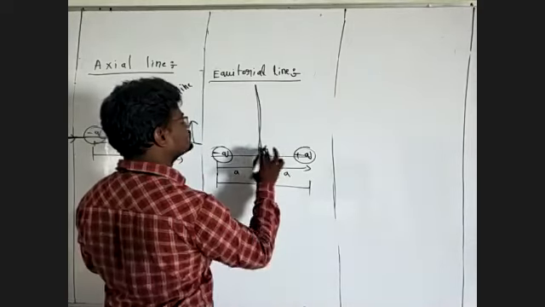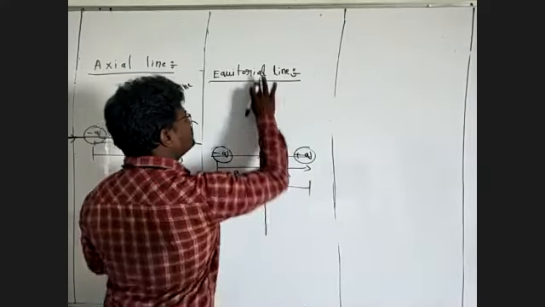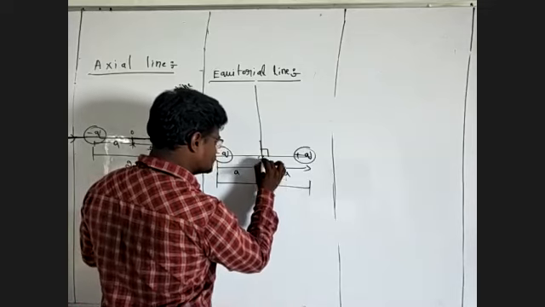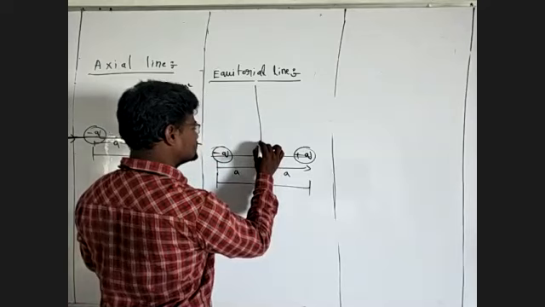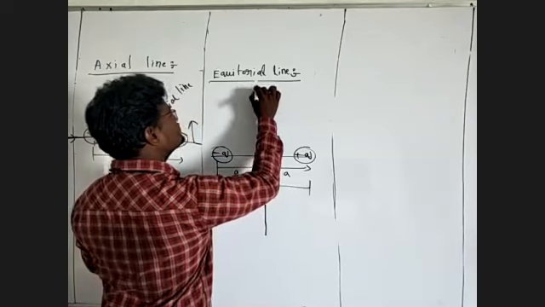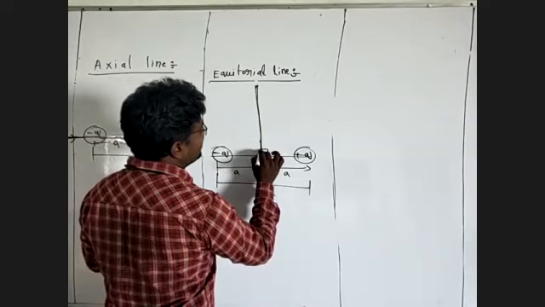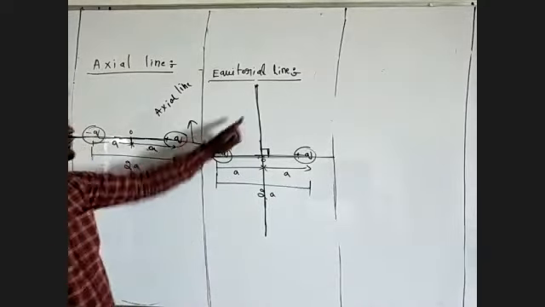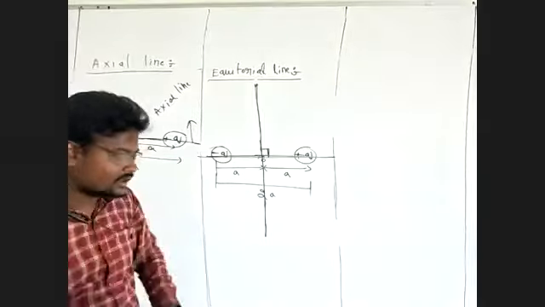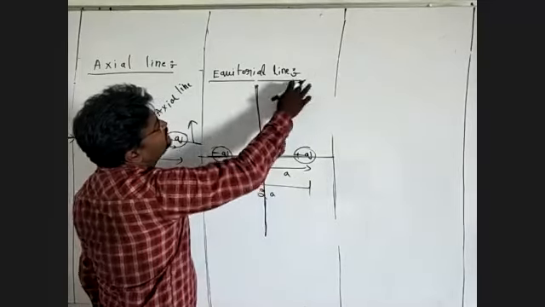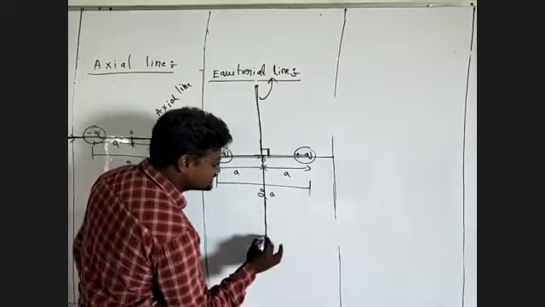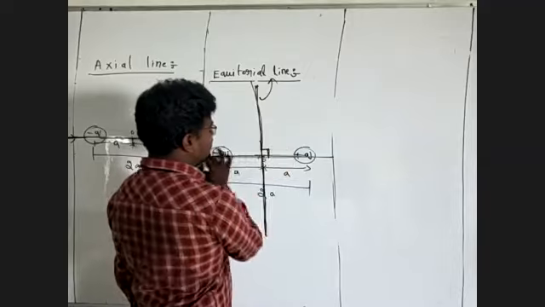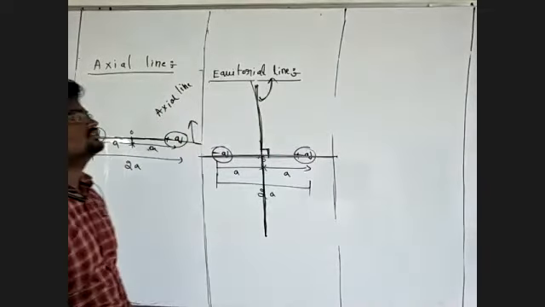This line is perpendicular to the axial line. This straight line passes through the center of the dipole, and this line is called the equatorial line. What is the meaning of equatorial line? A straight line that passes through the center of the dipole and is perpendicular to the axial line is called the equatorial line.